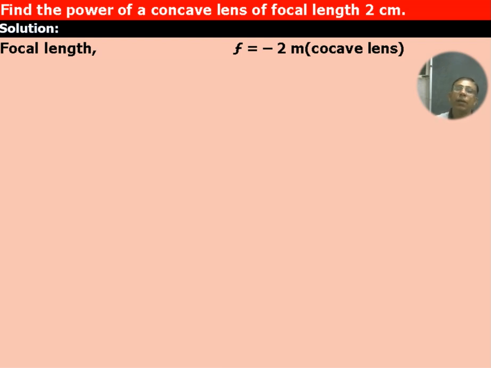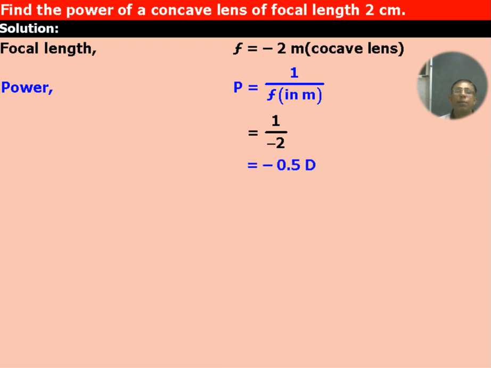That's why we have taken minus 2 meter. Now power is equal to 1 upon f. So f is minus 2 meter, that's why P is equal to minus 1 by 2, that is minus 0.5 diopter.